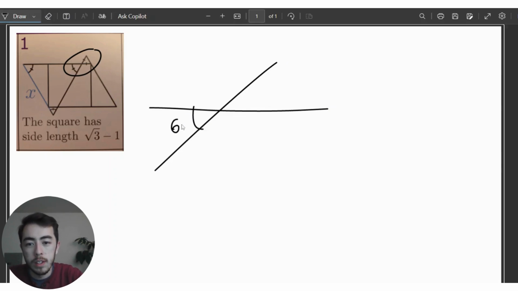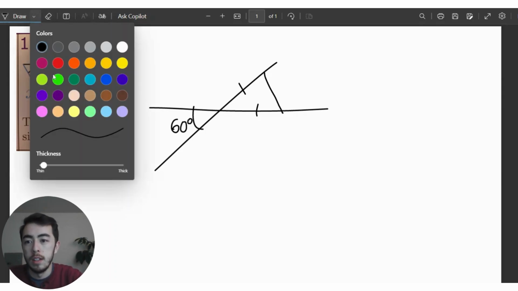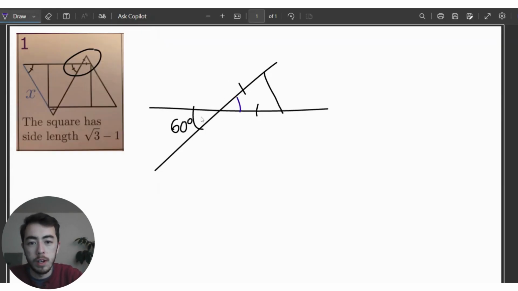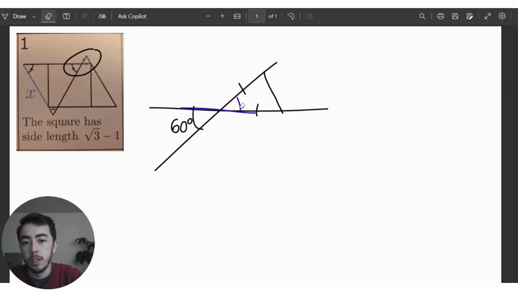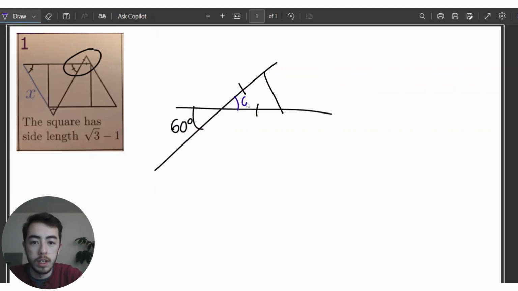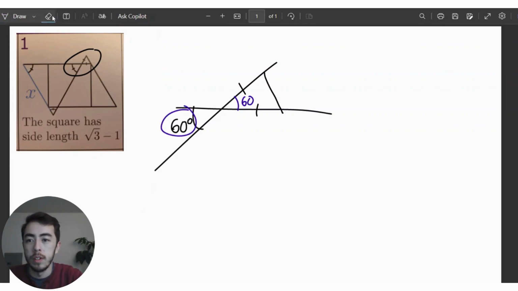So earlier I was saying that I know that this is 60 degrees, and I'm being told that these two sides are equal. And there's a concept called vertical angles, where if I have two straight lines, the angles opposite each other should be equal. So I know that this one on the inside should be a 60 as well, because it matches the one over here.